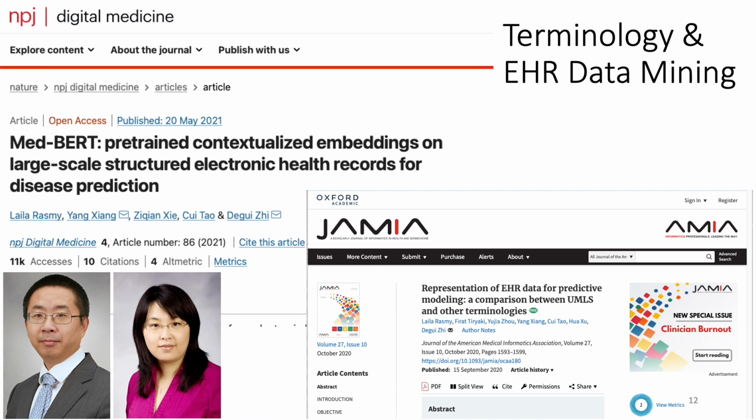MedBERT used pre-trained contextualized embedding on large-scale structured electronic health records for disease prediction. They also evaluated some representations of EHR data for predictive modeling, comparing UMLS and other terminologies. These basically use the latest deep learning approaches, artificial intelligence, to further improve electronic health record data mining.